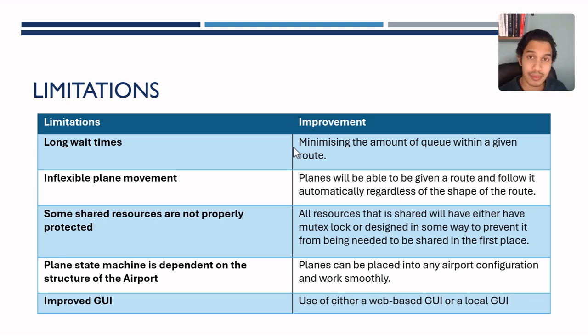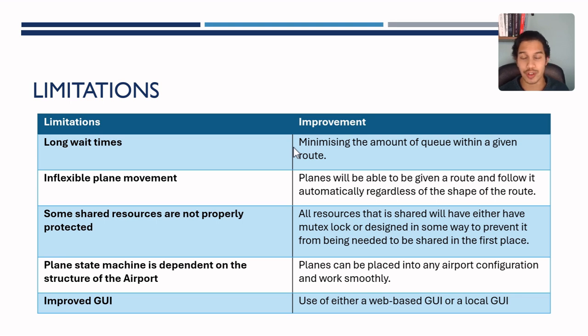You've got long wait times, very inflexible plane movements, some shared resources are not properly protected, the airplane state machine is dependent on the structure of the airport, and the GUI would need some significant improvement to replicate the airport structure.